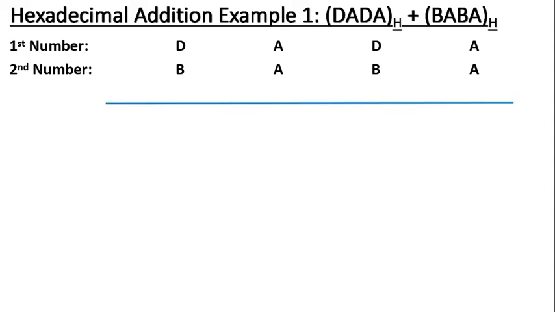So here I want to start the step-by-step addition. These are the two numbers, number 1 and number 2. Whenever we start addition, we start from the LSB digits. For both numbers, the rightmost digit is A. So we start their addition from the rightmost digit, A plus A hexadecimal.